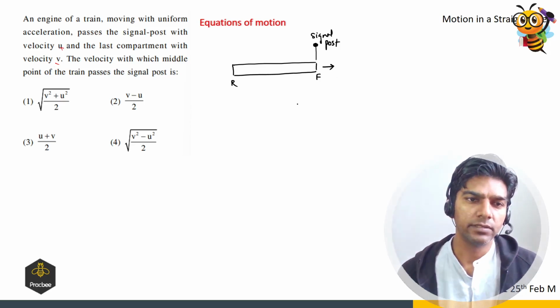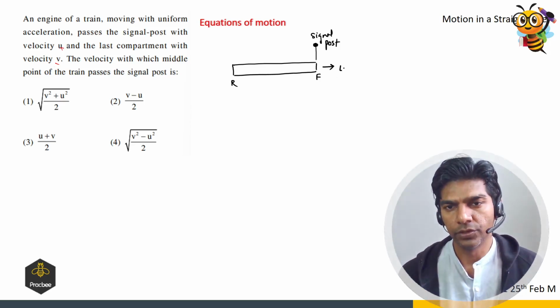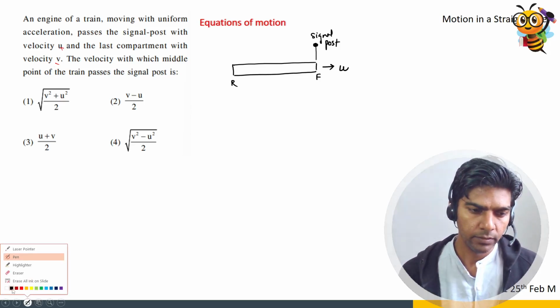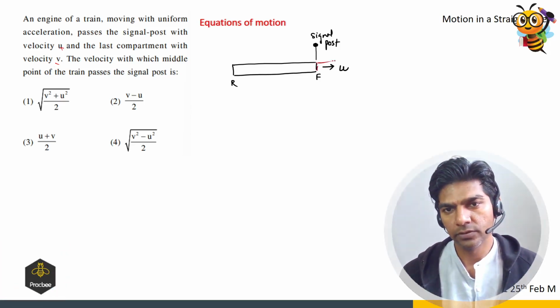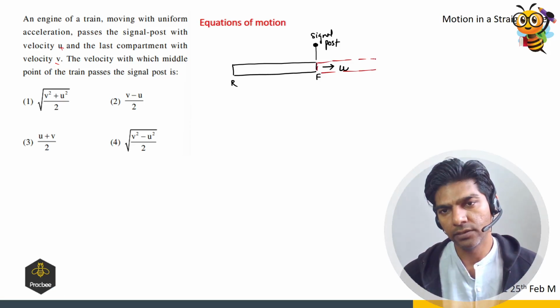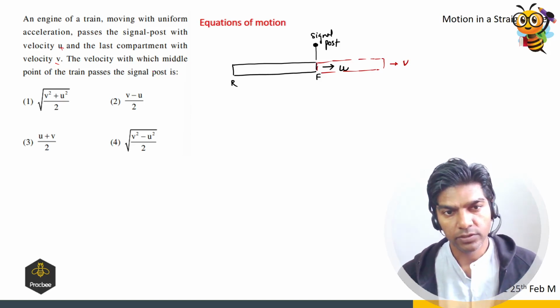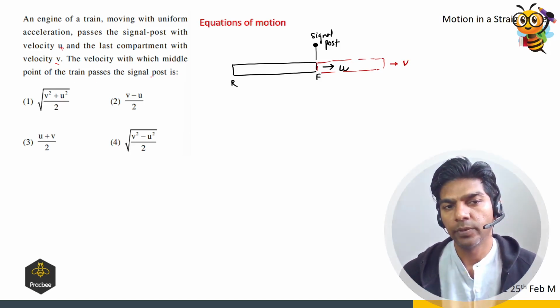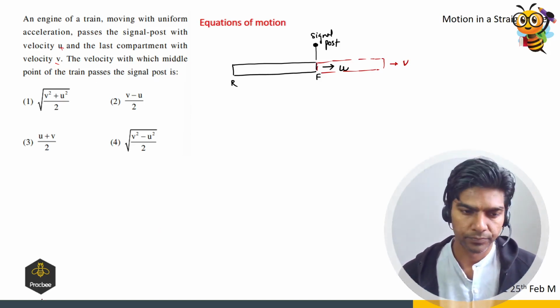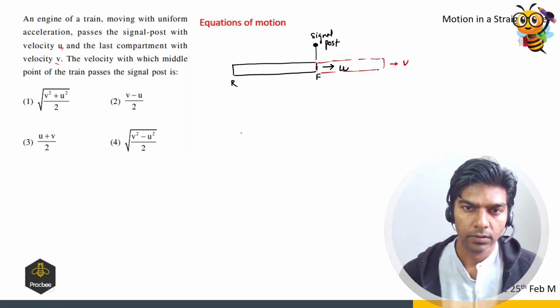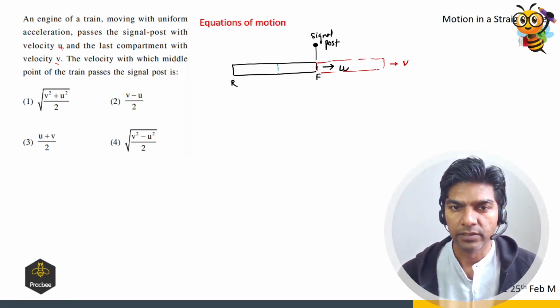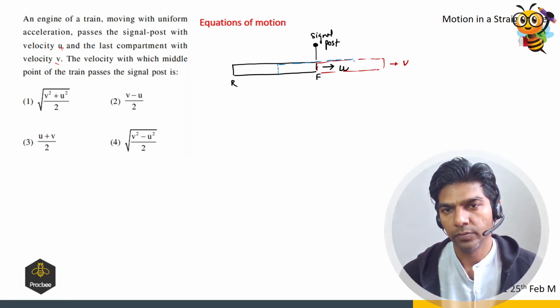At this very instant, the velocity is u, and when the rear end crosses the signal post, at that instant, the velocity will become v. We have to find the velocity with which the middle point of the train passes the signal post.